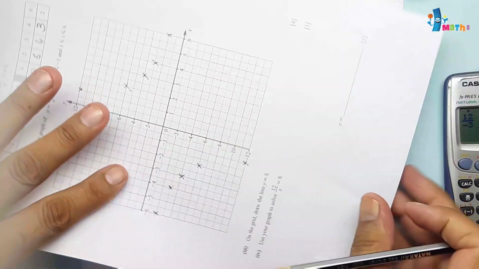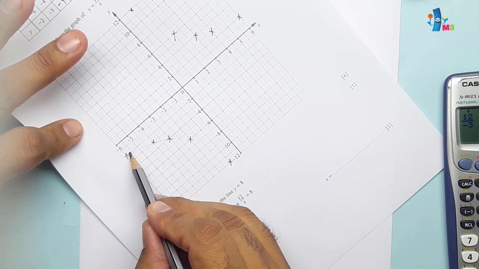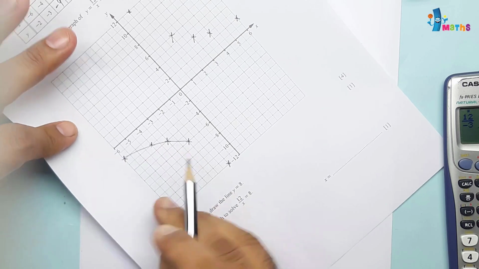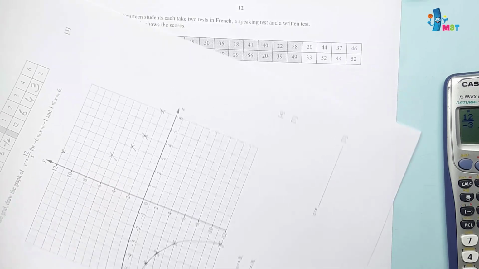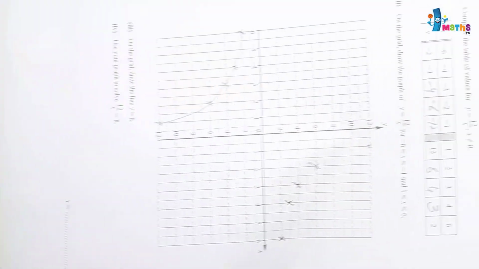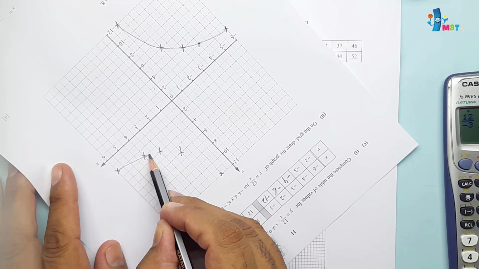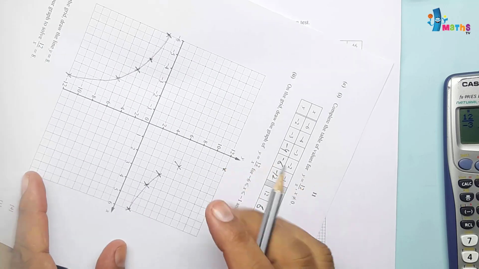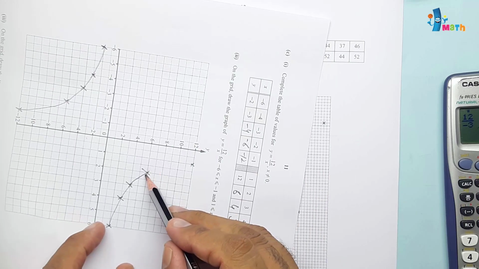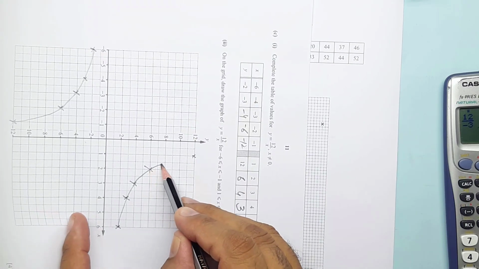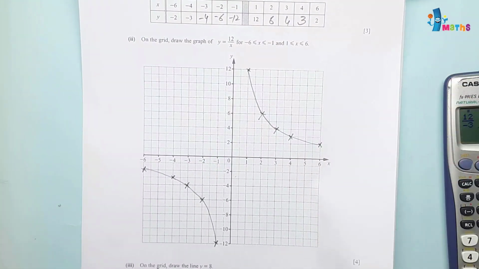So to draw a smooth curve, we will be drawing like this. This side, and we can plot on the other side also like this. You will have to plot a curve as smooth as possible, like this one. Okay, so we have plotted this.